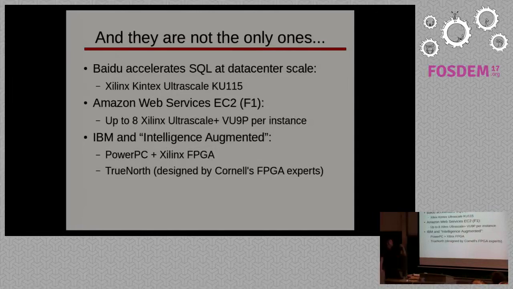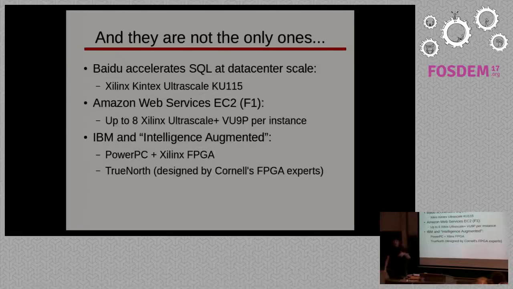As Philip has said before, Amazon Web Services are already offering some units in which you can accelerate the software by using up to 8 Xilinx FPGAs. And IBM, with this intelligence augment concept, started to work with Xilinx in order to integrate their PowerPC CPUs with the FPGAs coming from Xilinx.